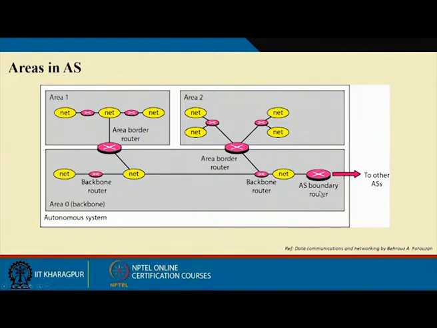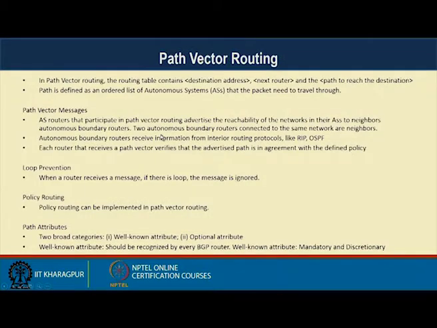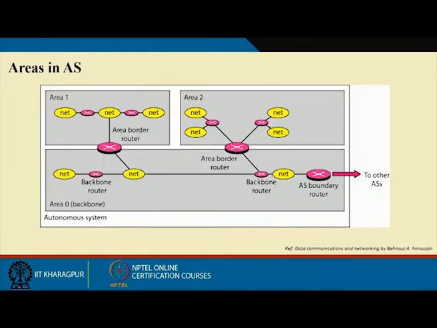In the backbone area, or area 0, there is an AS boundary router, a designated router, which keeps the summarized information and shares it with the other autonomous systems based on the standards and the policy of the autonomous system. So, this is the overall structure.